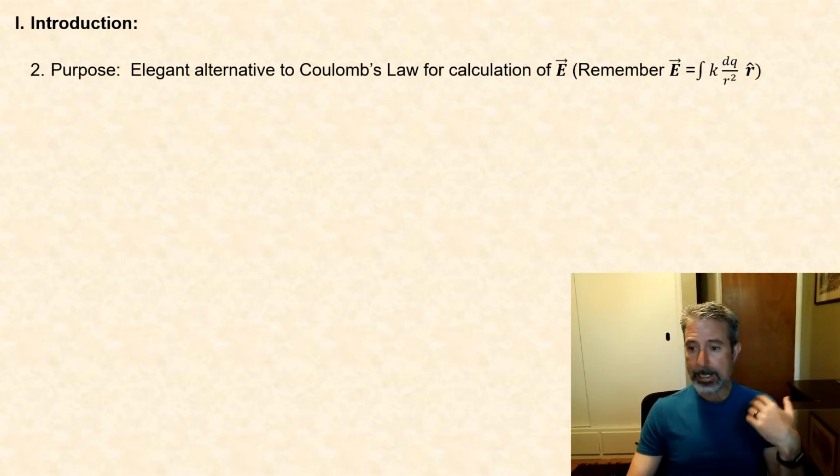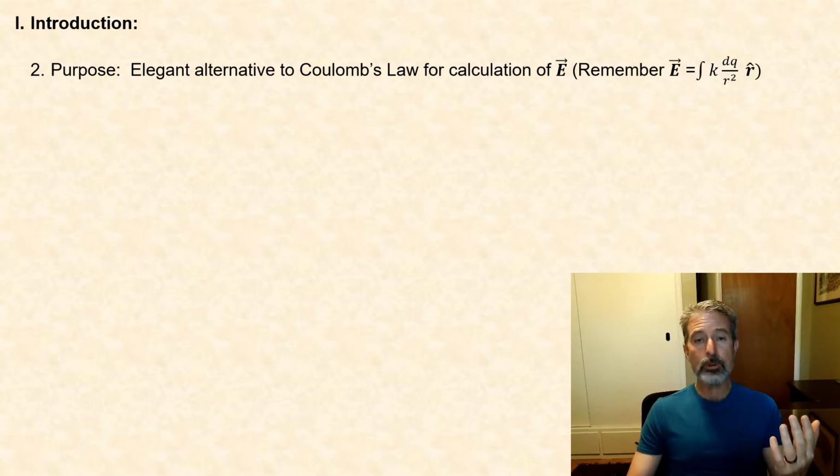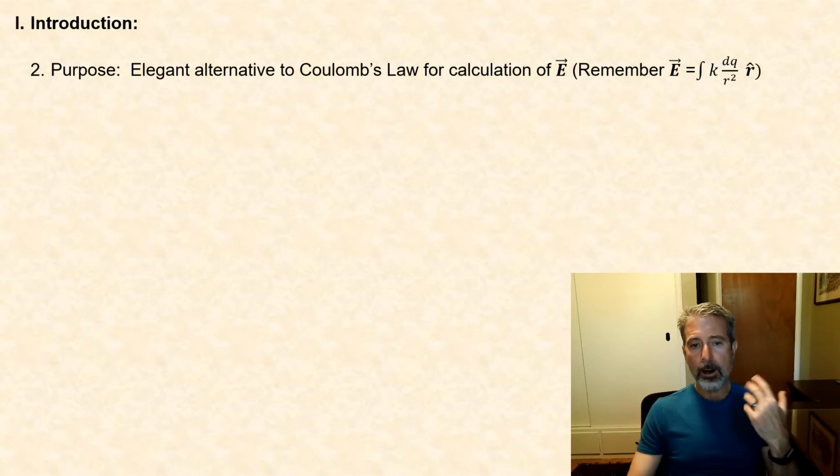And by then summing up all of those infinitesimal contributions to the field due to each dq, which amounted to, in the language of calculus, taking the integral, we could then figure out what the total field looked like at the field point in question.